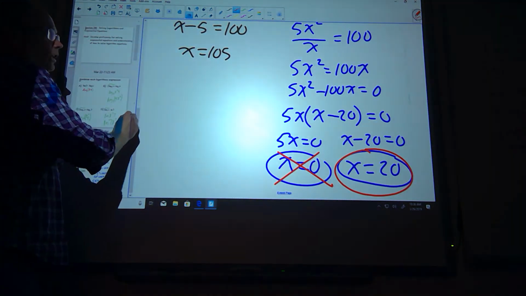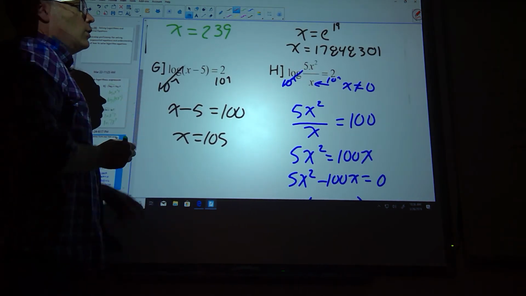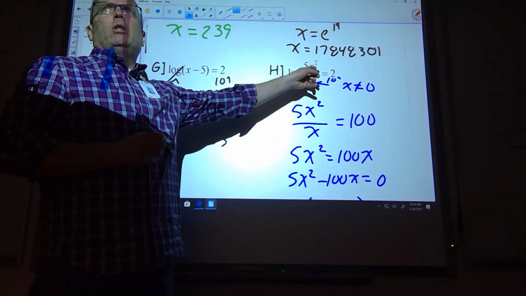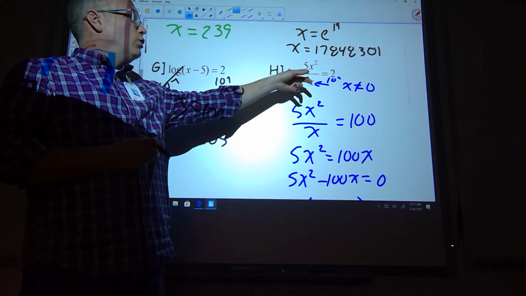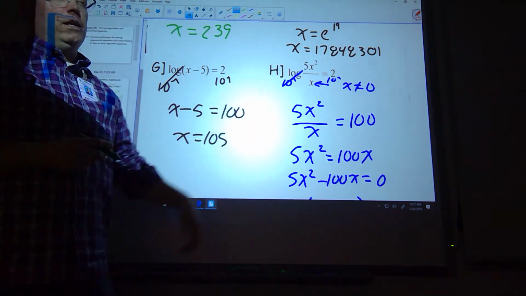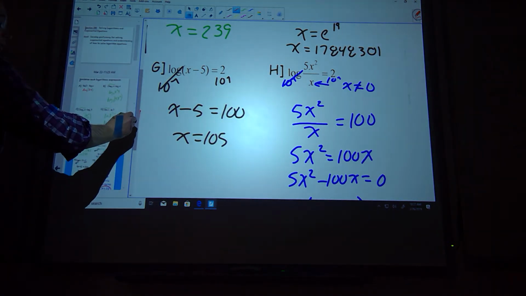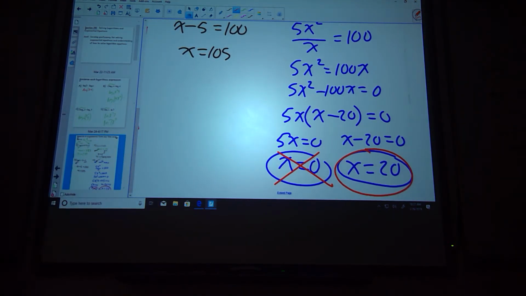And then I should really double check, make sure if I plug 20 in, do I get a negative exponent? 20 squared is 400, 5 times 400 is 2,000. 2,000 divided by 20, yeah, it's fine. So 20 works totally as an answer. But the 0 doesn't, because the original would have given us an undefined term. We good so far?